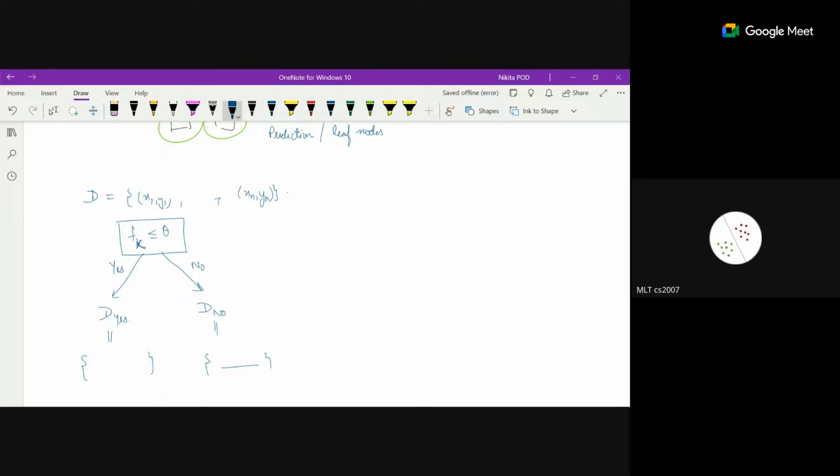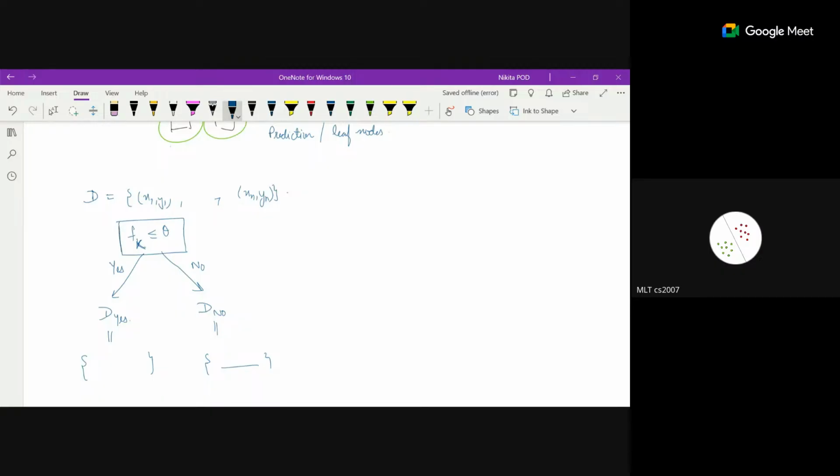Just one question: will this Ds and D no be the last node, the prediction node, isn't it? No, this is not the last node. After asking any question, you are going to split the data set, at any node.